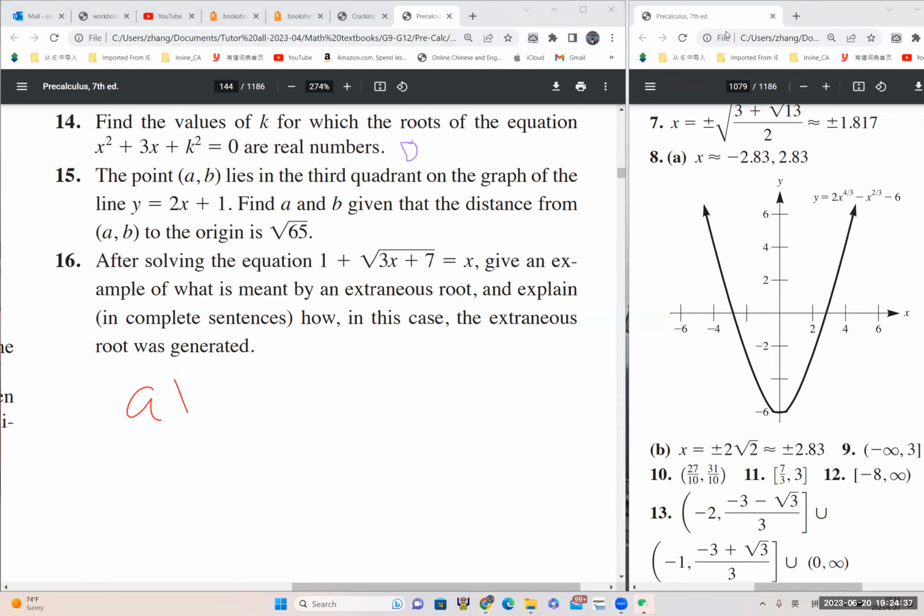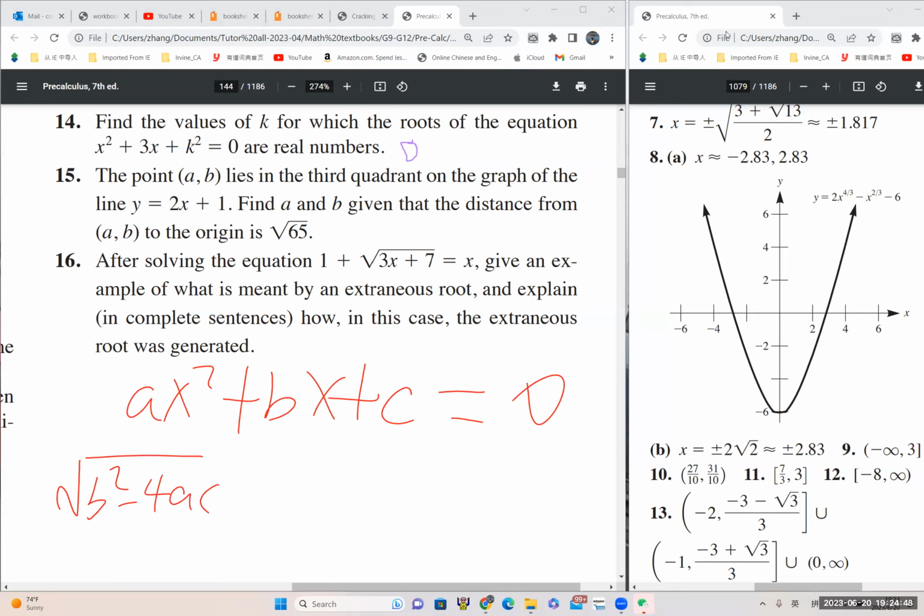For the quadratic ax squared plus bx plus c equal to 0, the discriminant is b squared minus 4ac. We can write the whole solution as negative b plus or minus this, over 2a. This we call the quadratic formula. In order to have real numbers, this must be defined.